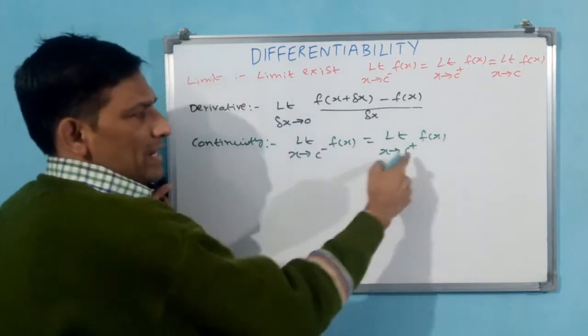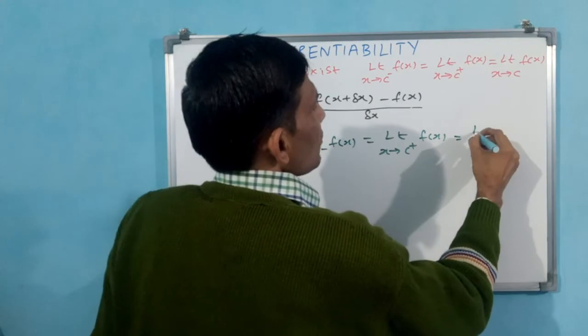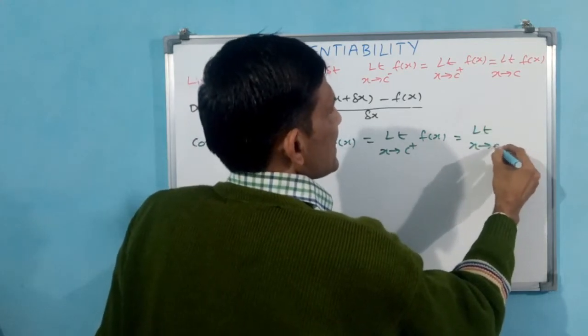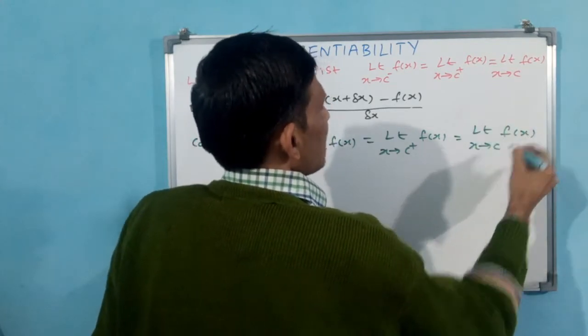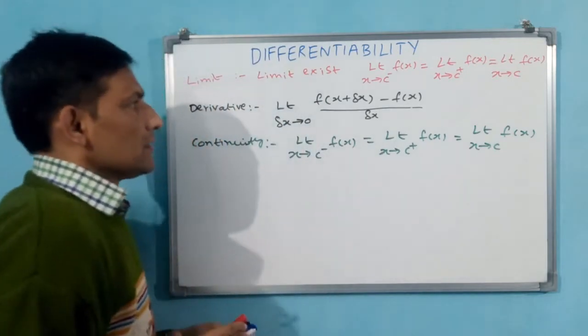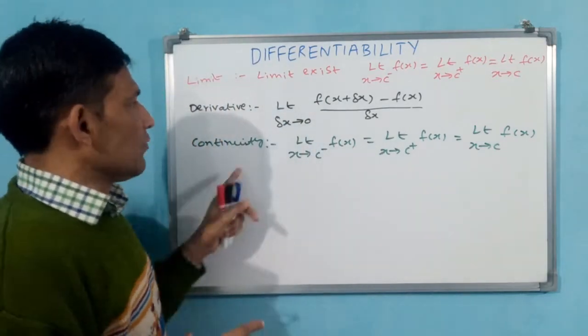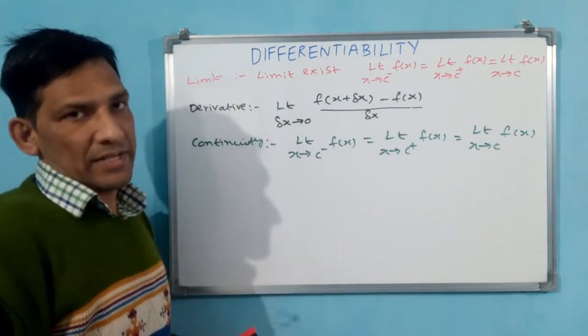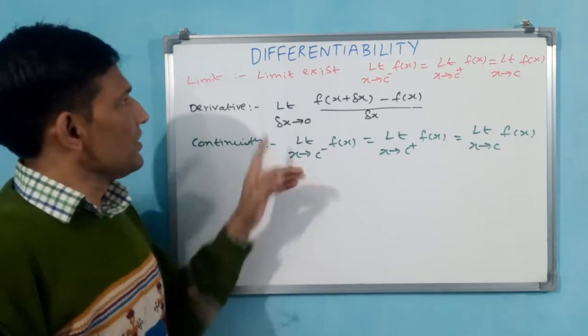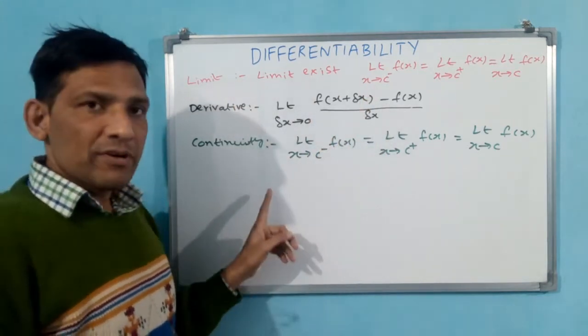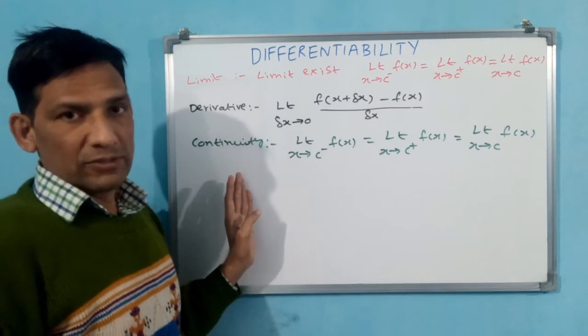Why? Because if the left hand limit and right hand limit are both equal to the main limit, then we can say that this function is continuous. Okay. Continuity. The same limit concept has come in continuity also.